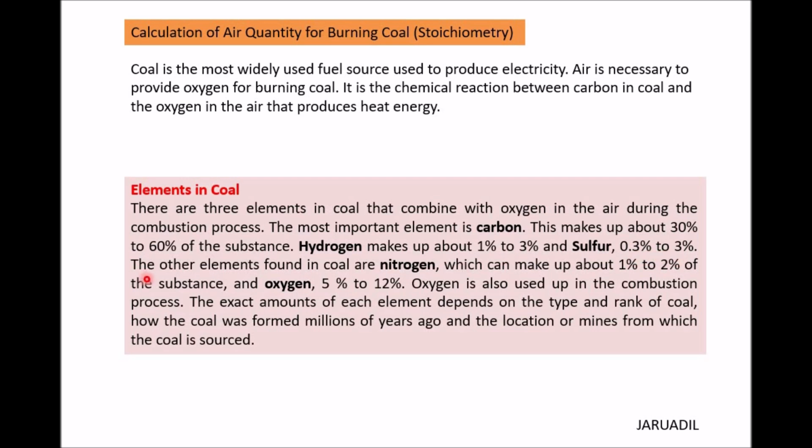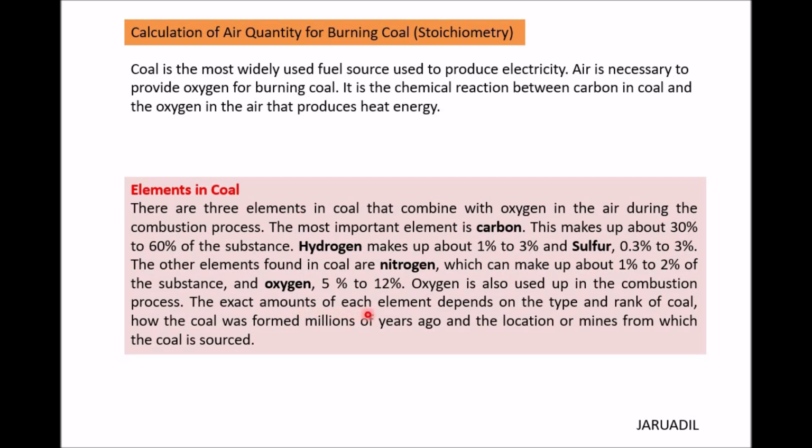The other elements found in coal are nitrogen, which can make up about 1 to 2% of the substance, and oxygen 5% to 12%. Oxygen is also used up in the combustion process. So yung oxygen na nandun sa coal ay nagagamit din yun during the combustion process.